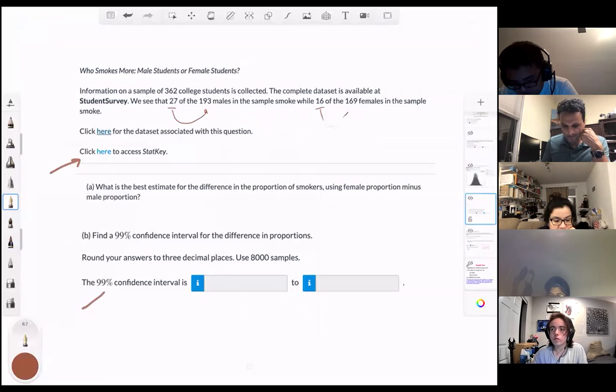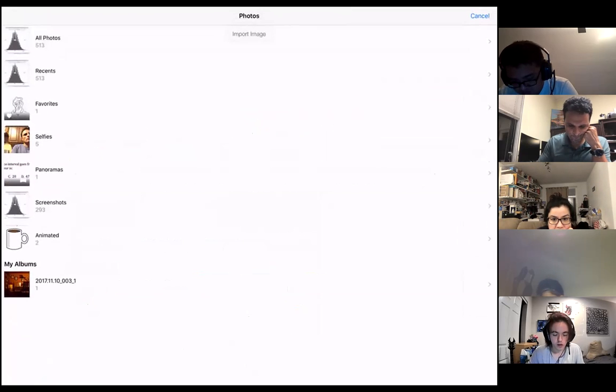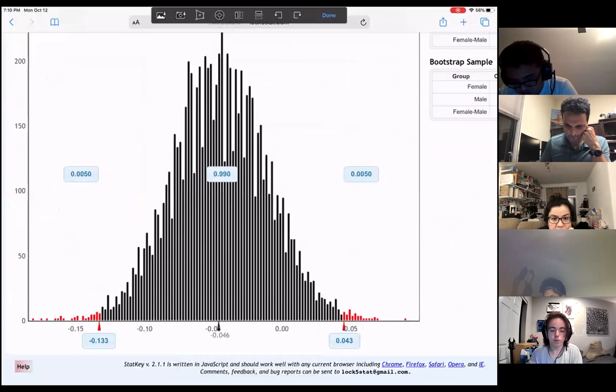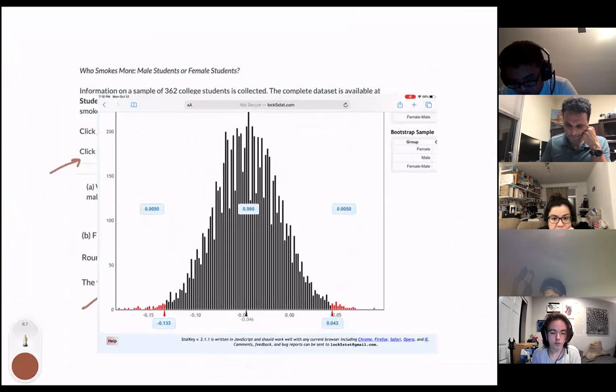So they asked us for a 99% confidence interval. We did the 8,000, correct? And the image is here.